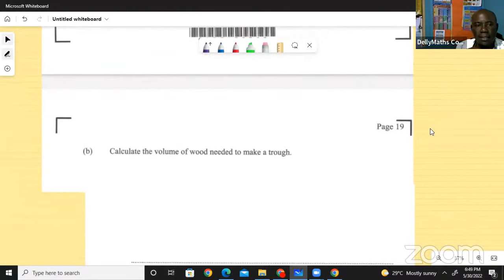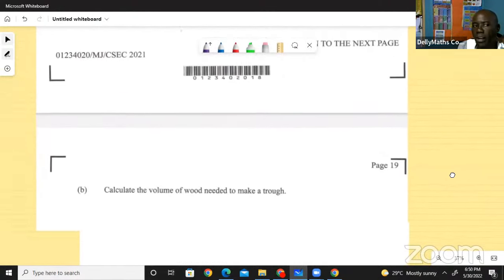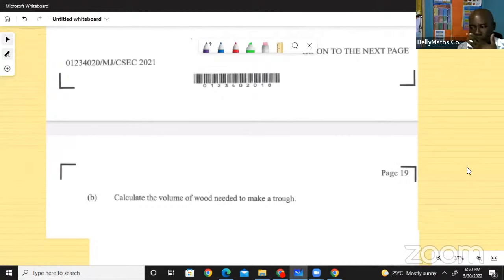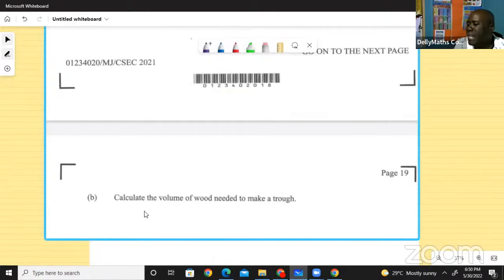The next question says, calculate the volume of the wood needed. Now we're going to have to think. They want the volume of the wood that is needed. Now I want to just take a minute just to express what that means.